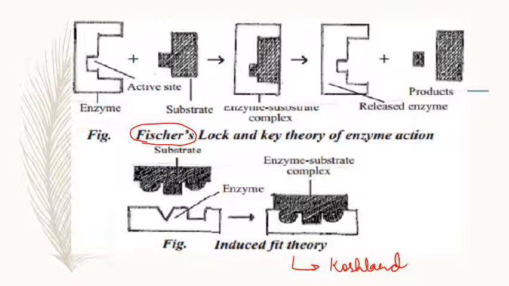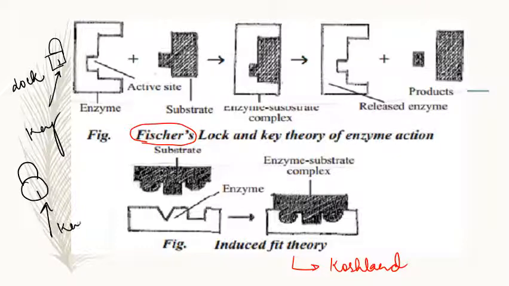According to lock and key, what will happen? Like every lock, if this is a lock, this lock will have a key, right? If this is another lock, this will also have a key, right?